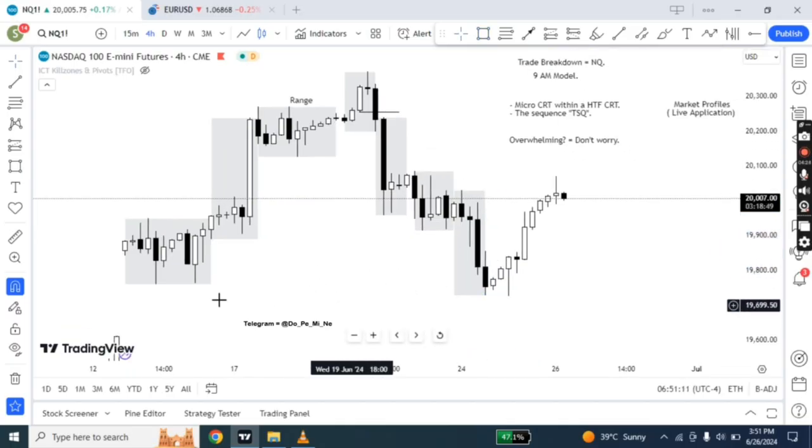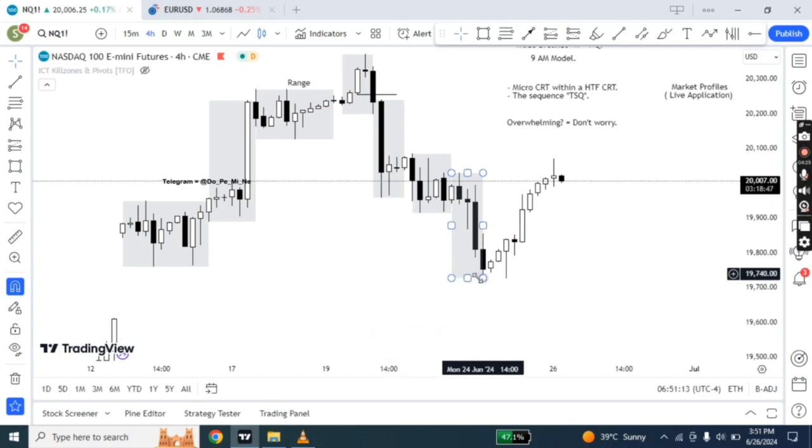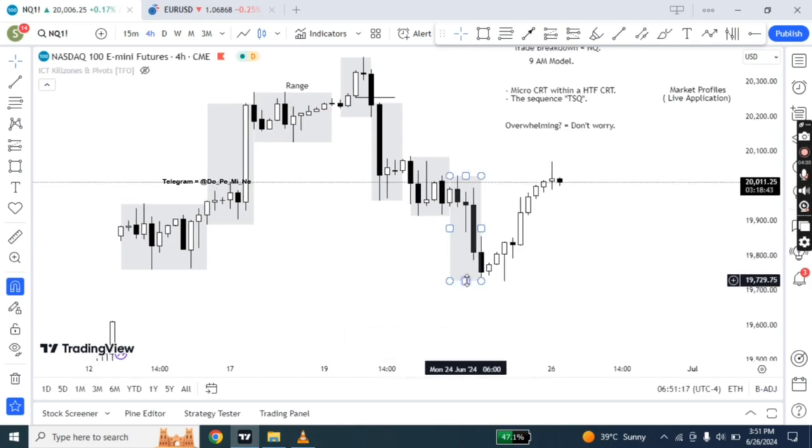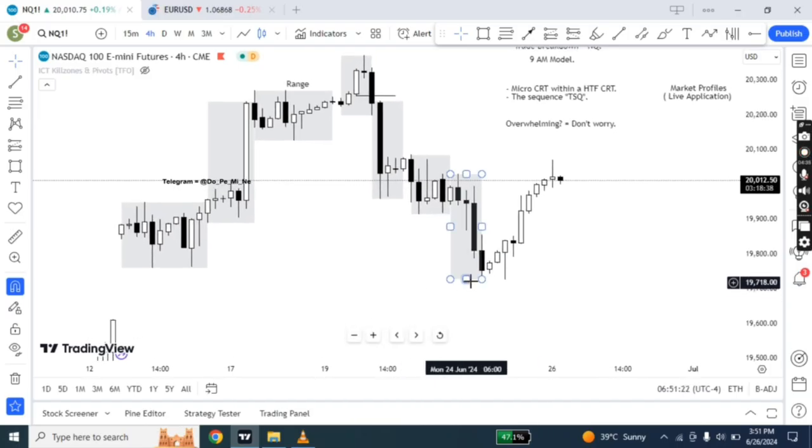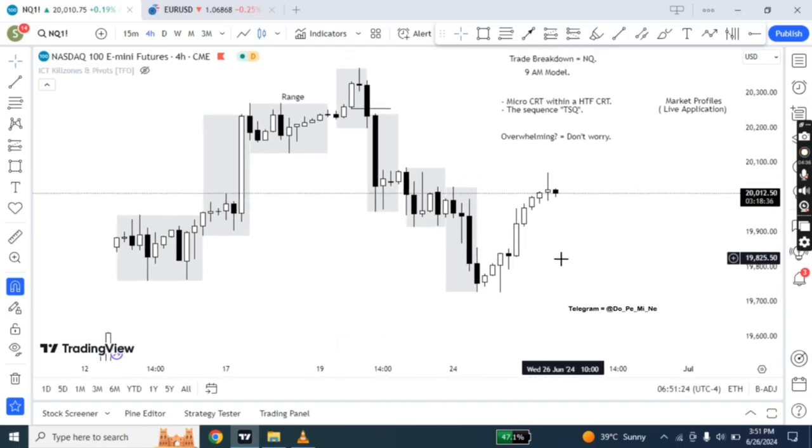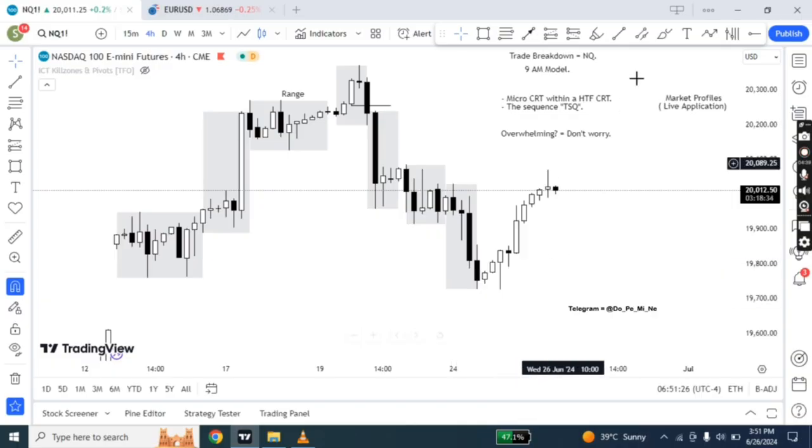Now when price was right here after an expansion, I started expecting a reversal, and the reason for that is that after an expansion we can only have three possible outcomes: a range, a retracement, or a reversal. And I anticipated a reversal based off of two factors.